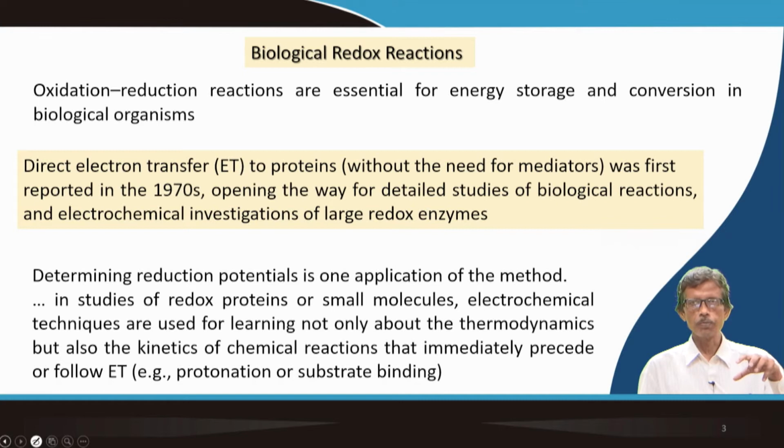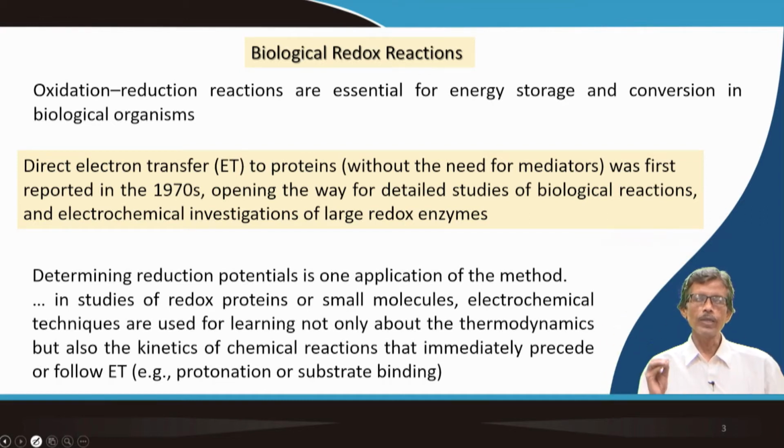So, if you have one species, say ferric ion, and after electron transfer, that means it is accepting one electron, it is reduced to the ferrous ion, and that ferrous ion can have some susceptibility, maybe at the direct metal ion site, or maybe at the periphery at the ligand site or at the protein site, because the protein matrix is a very big one.